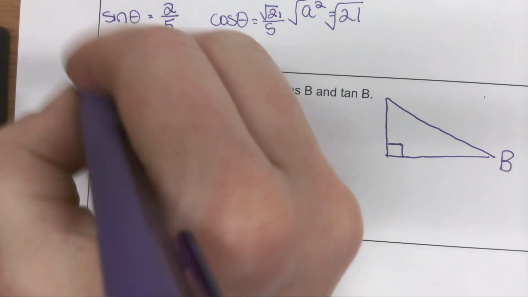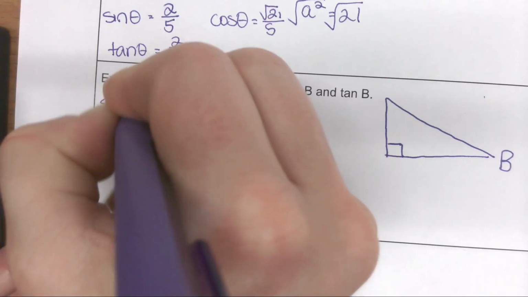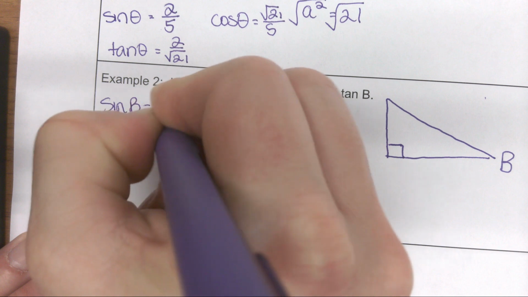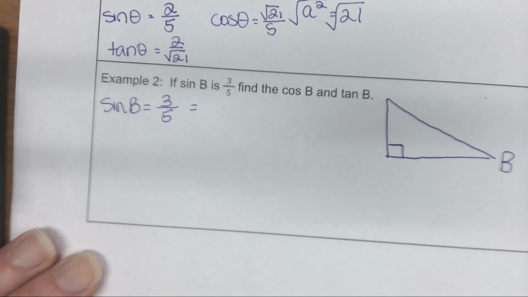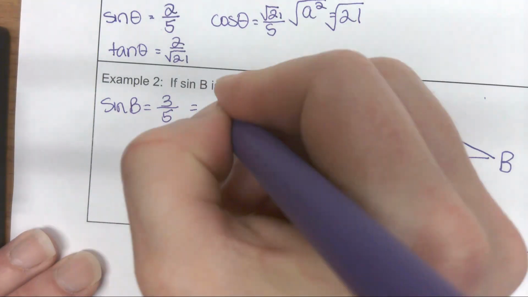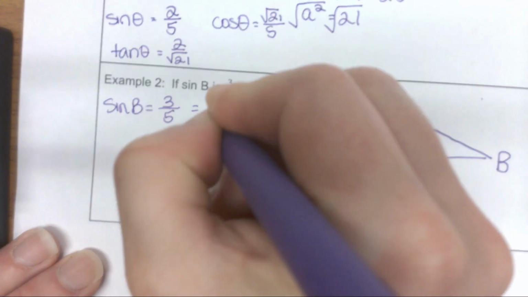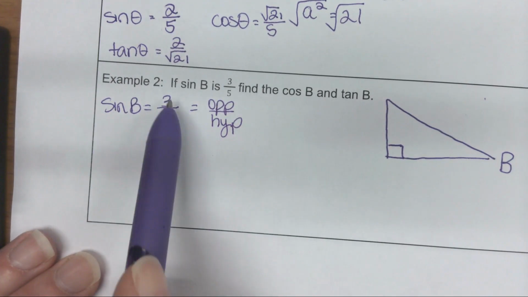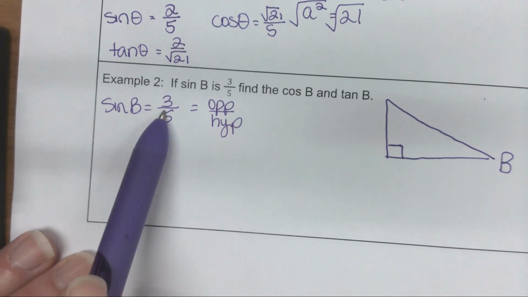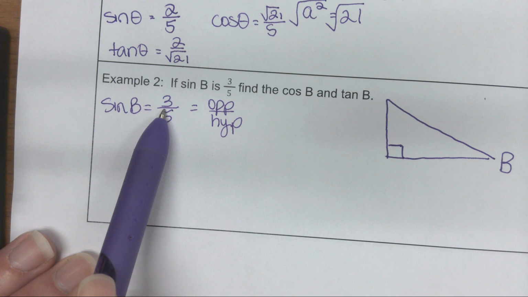Since I told you that the sine of B is 3 over 5, what's the ratio of sine again? What to what? Opposite over hypotenuse. What we're going to do is we're just going to use the ratio 3 over 5, and we're going to put the 3 in the spot where the opposite would go.